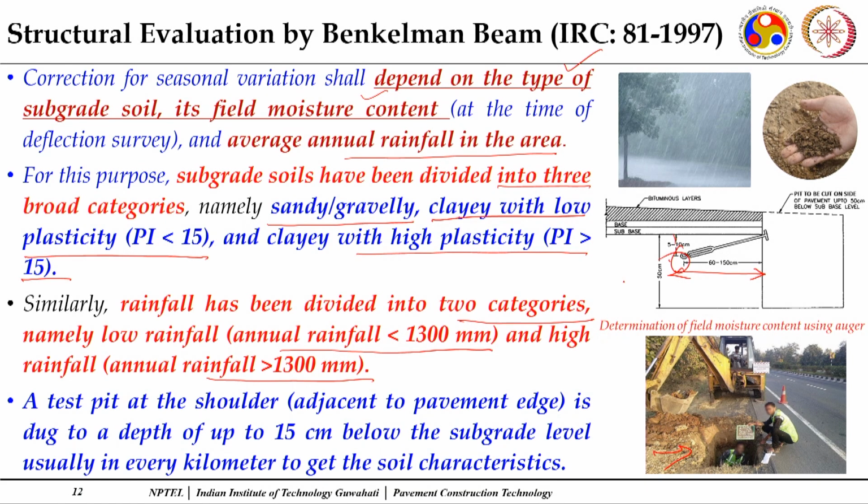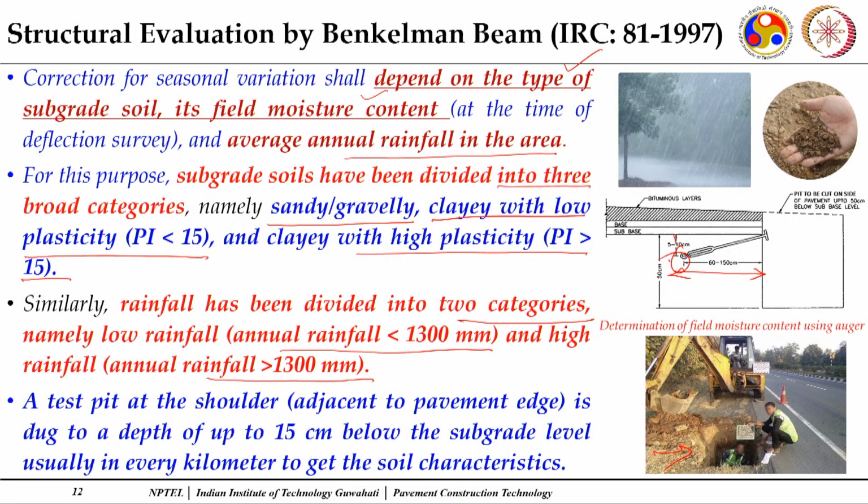So, we scoop out the soil, seal it, and take it to the laboratory for gradation analysis and Atterberg limits measurements, to find out which of these three categories it falls under.